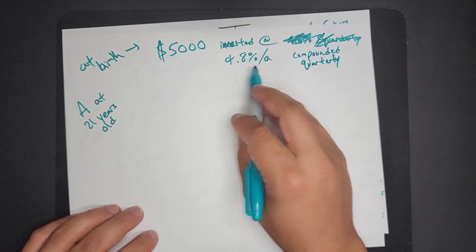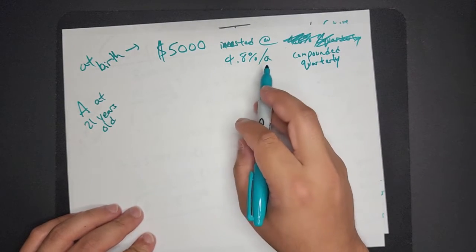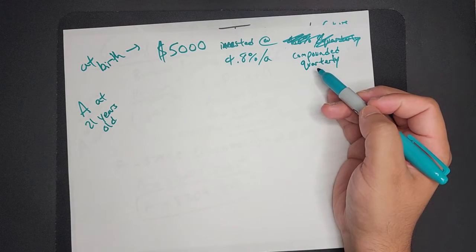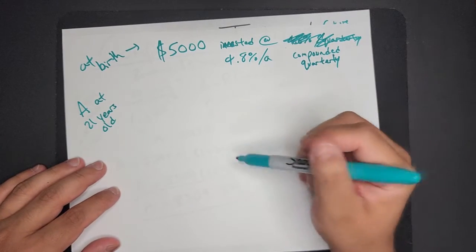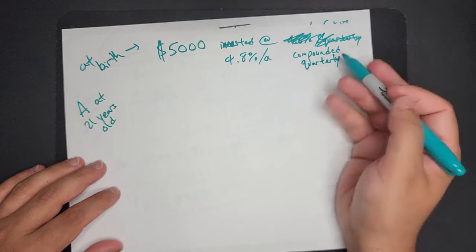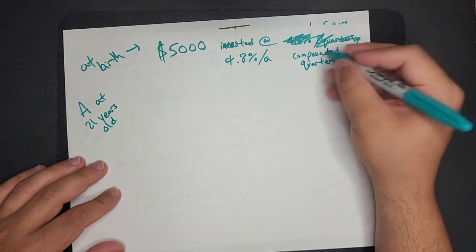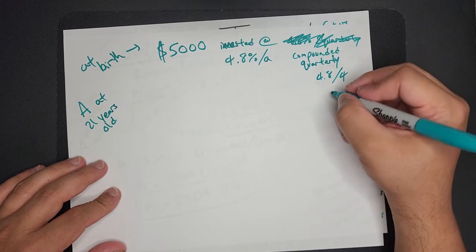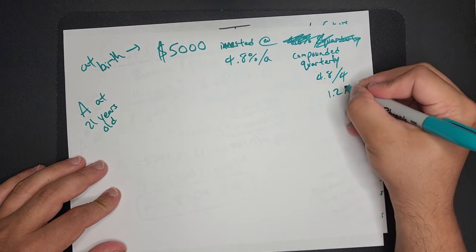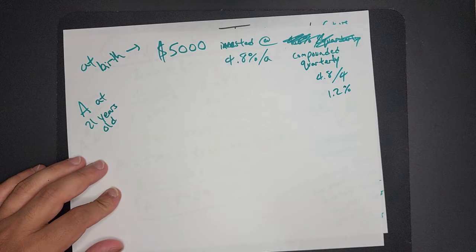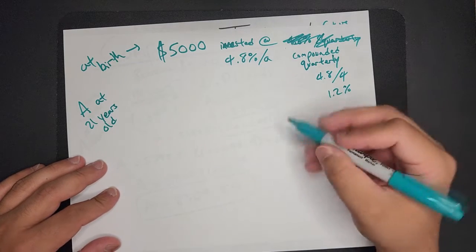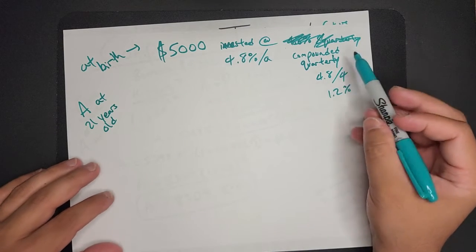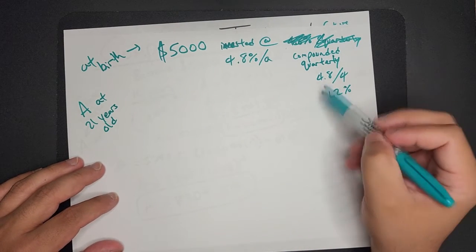So this 4.8% is actually for the whole year, but for the compounding that happens quarterly, we have to divide by 4 because that means 4 times a year. So 4.8% over 4 is 1.2% per quarter. So every quarter it's going to compound the interest by 1.2%.